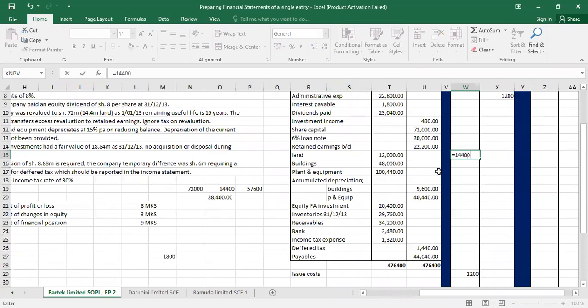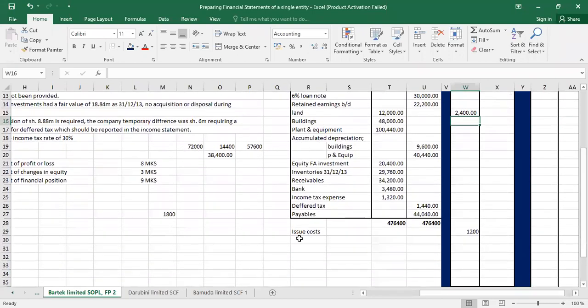So it will be 14,400 minus the previous. Enter. So that is revaluation gain, the 2,400, isn't it? The 2,400 up here.